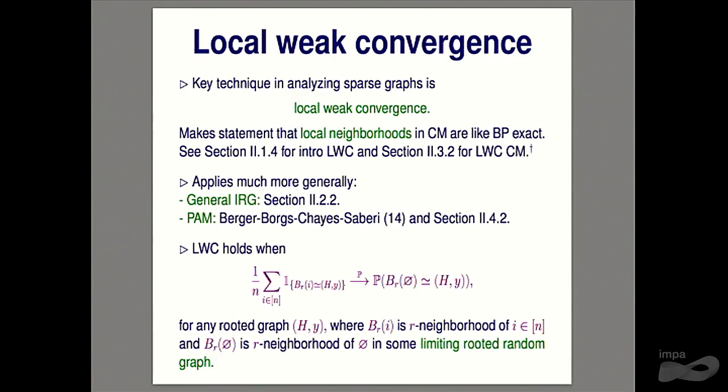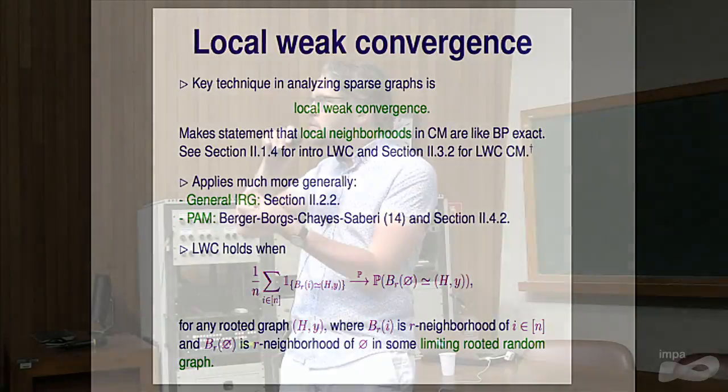So what is local weak convergence? Well, it's a way of describing that a sequence of graphs from a random perspective looks like something in the limit that is either deterministic or random, but it no longer depends on the size of the graph. So precisely like here, what we're trying to prove is that if I look from the perspective of a random individual, its local neighborhood will look like a branching process.